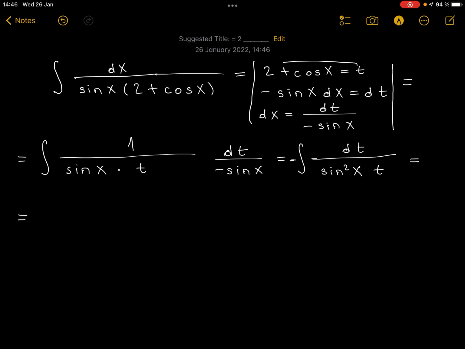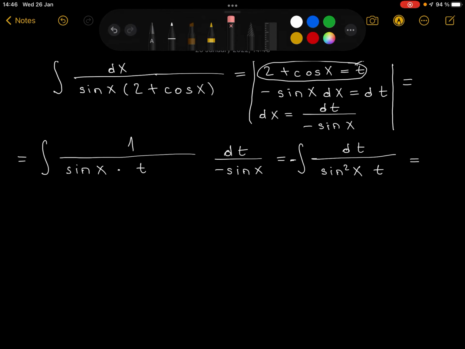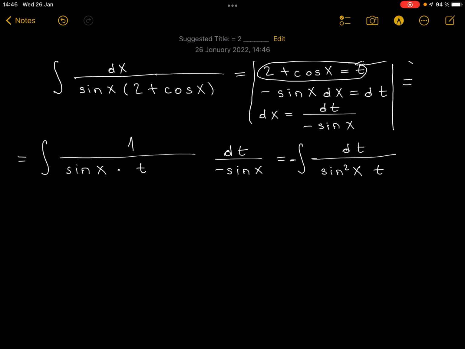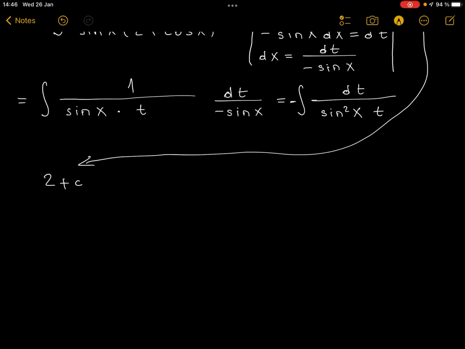Well, from this substitution, I'm just going to rewrite that: 2 plus cosine x is equal to t.